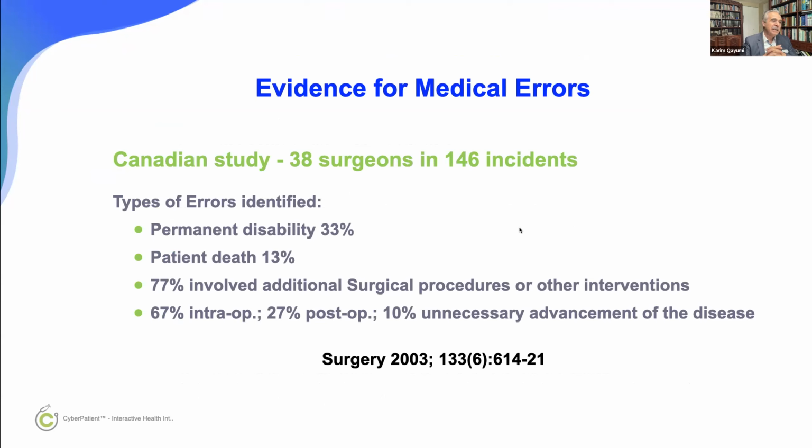In 38 surgeons, they identified 146 incidences of adverse events that would cause 33% disability, 13% death, and 77% involve additional surgical procedures or other interventions, 67% intraoperative mistakes, 27% post-operative problems, adverse events, and 10% unnecessary advancement of disease.